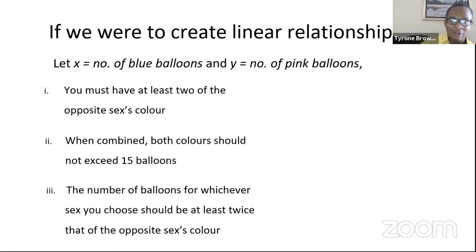Okay, Y. So we are saying Y is the opposite sex's number of balloons. Good. So this is saying that number must be at least 2. How would we go about representing that with inequalities?